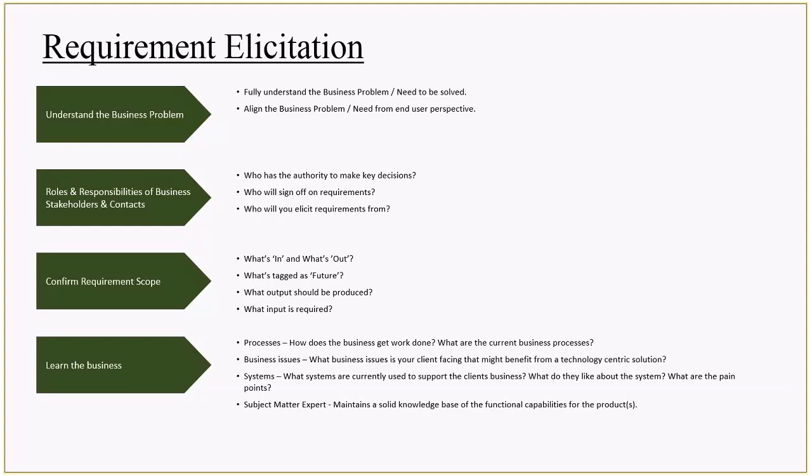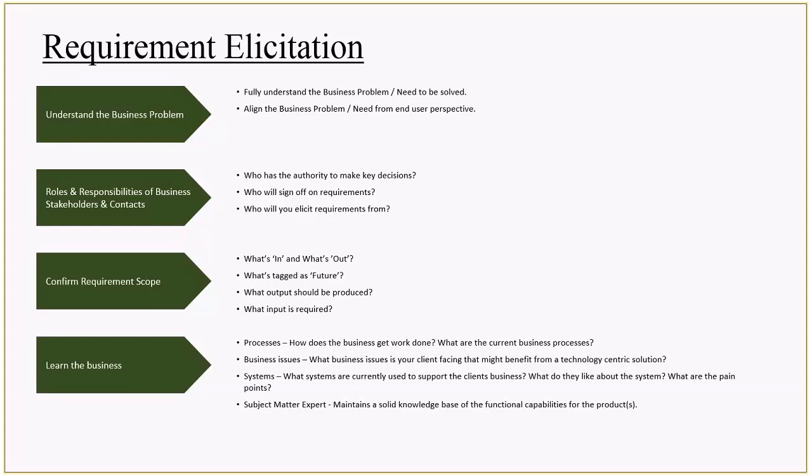To understand a business problem, you should fully understand the current business issues and think of solving those issues and come up with solutions, and align those with the business end user perspective. Align the business problem and need in terms of the end user's perspective.